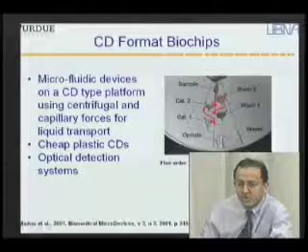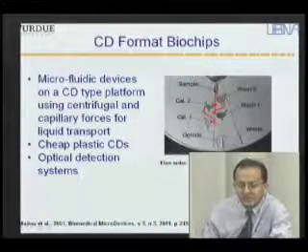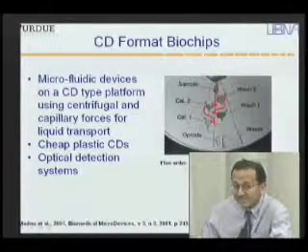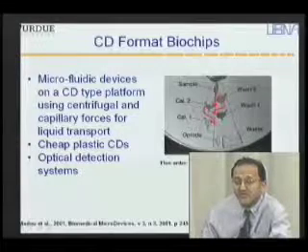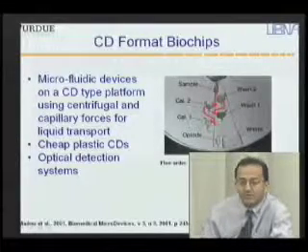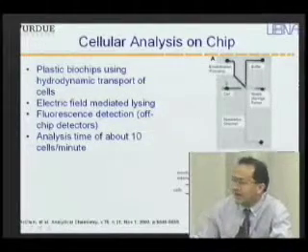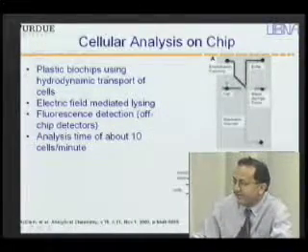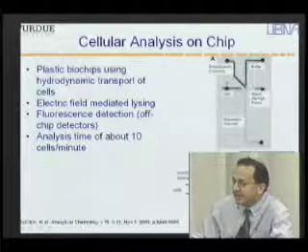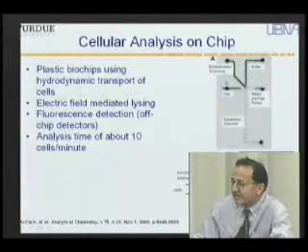Another example of a device for cellular analysis on a chip is to take, let's say, very few cells or single cells. And this is a nice example from a group at Oak Ridge where they made these plastic PDMS chips using hydrodynamic, just pressure-driven transport of cells.